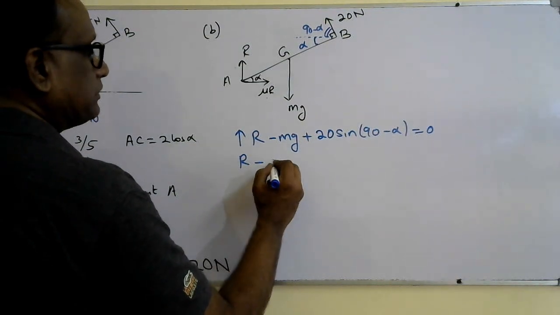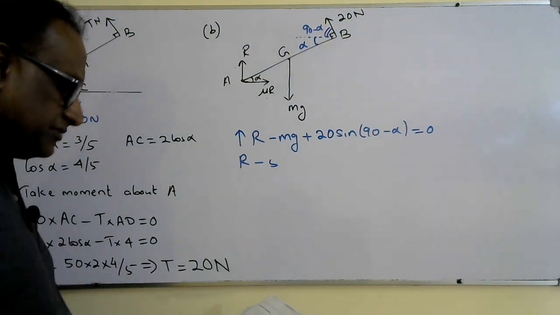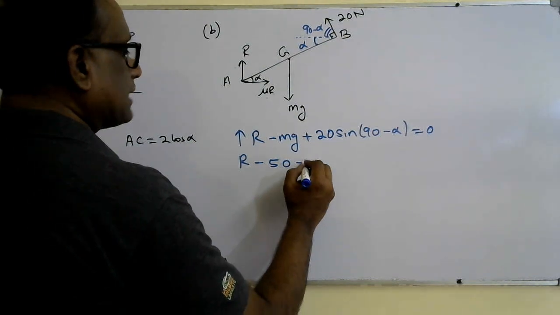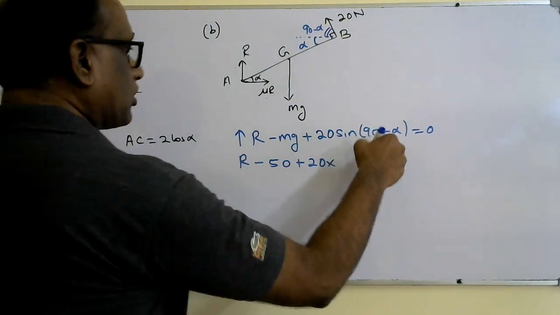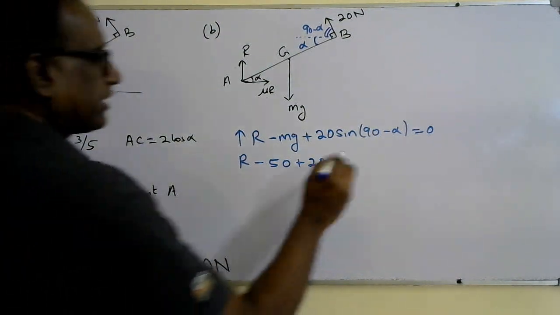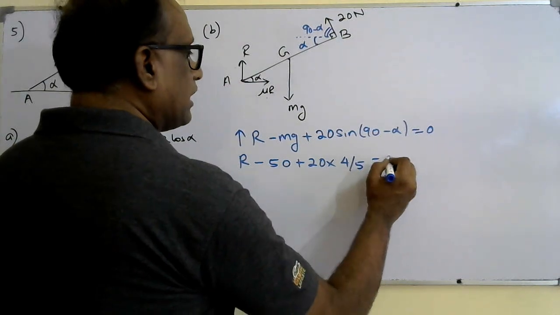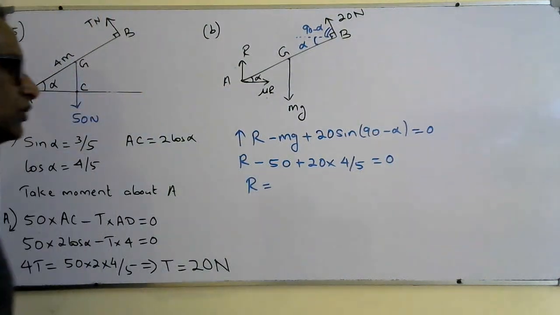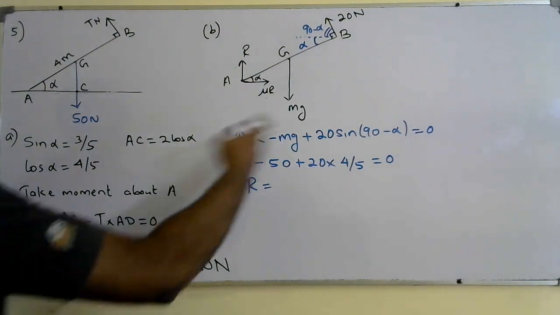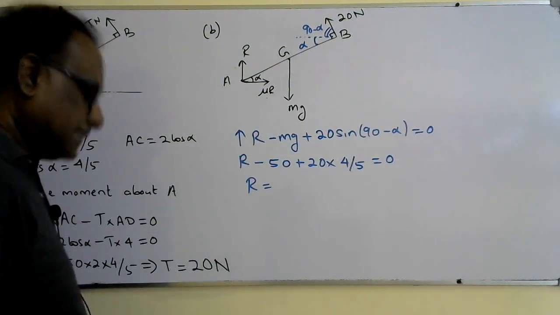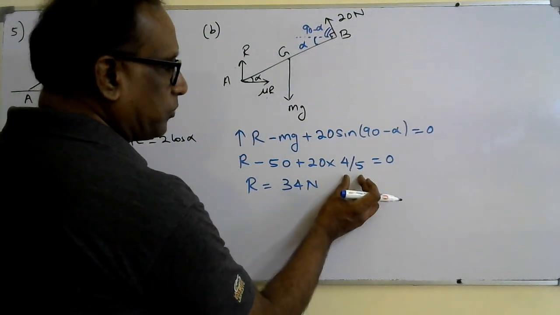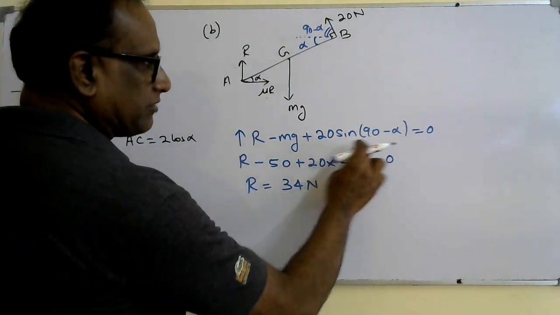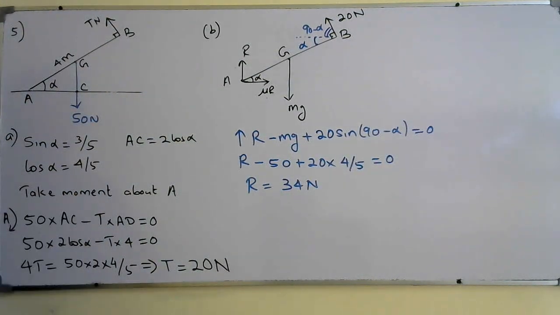R minus mg, where mg is 50, plus 20 sin(90 minus alpha), which is cos alpha, 4 by 5, equals 0. Find R. You will get 50 minus 16, that is 34 Newton. So R is equal to 34 Newton.